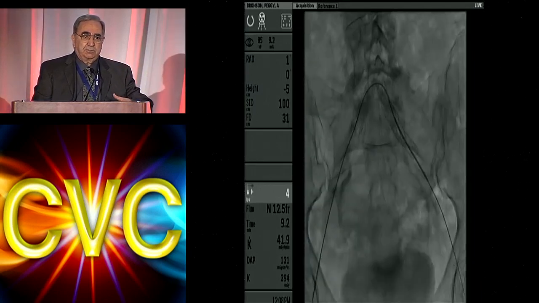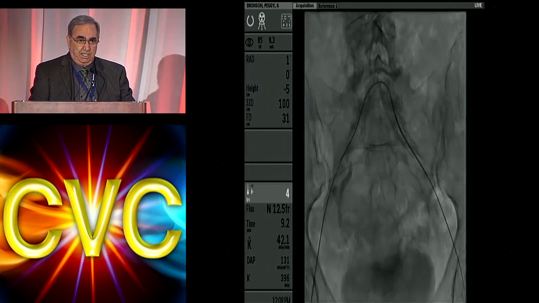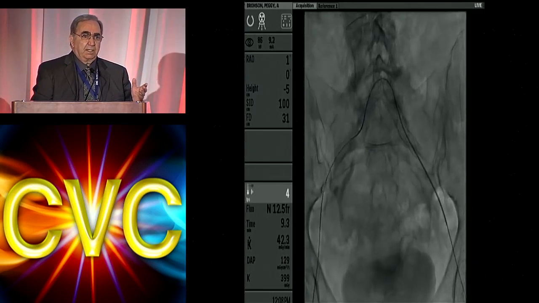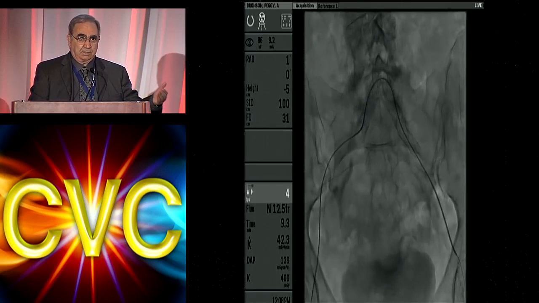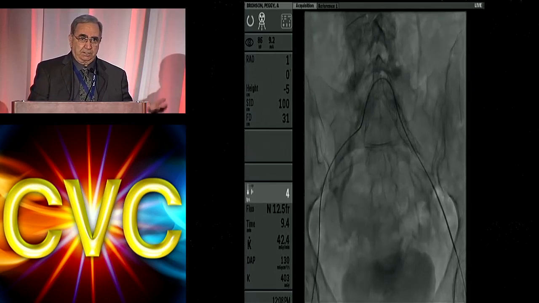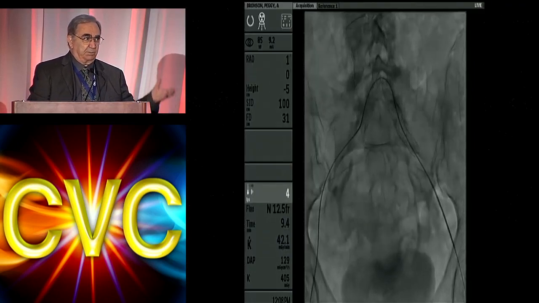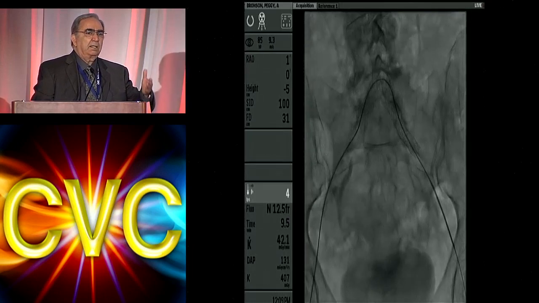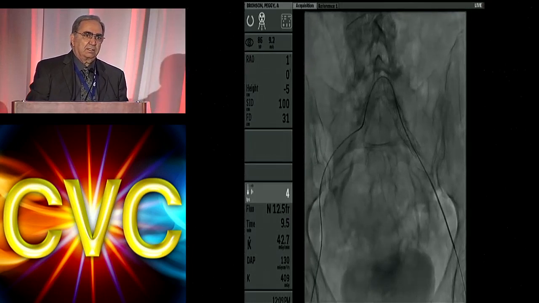So I was going to do a contralateral approach to work on the SFA. I did the arteriogram with a pigtail, the same pigtail I use for the angiogram, going across, then taking the pigtail out and putting a sheath in. So I did that, I crossed, and now I can take the pigtail out.